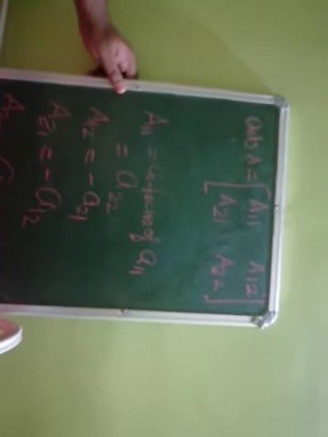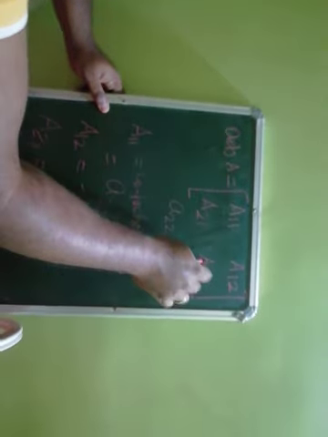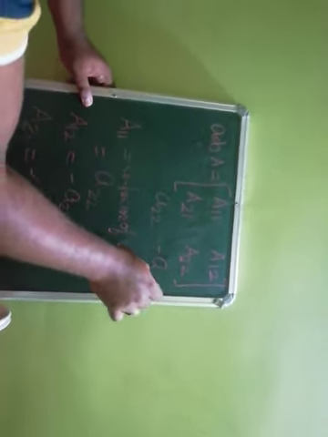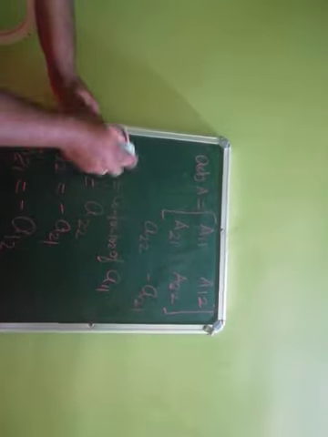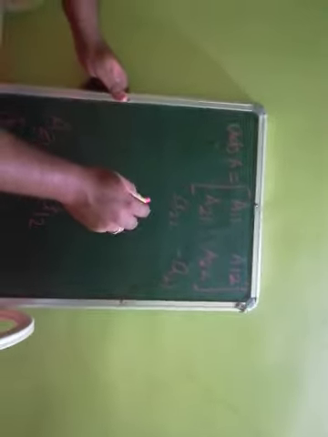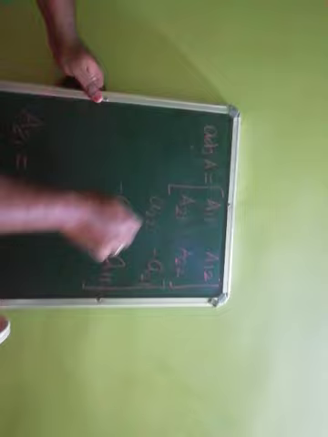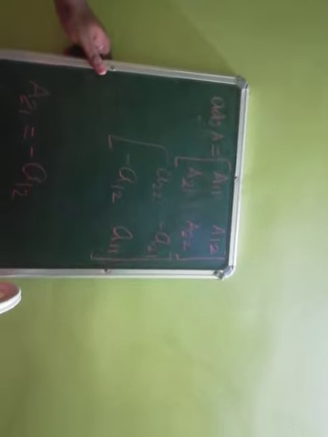So let me write that. This is A11, that is A22. A12 is minus A21. Then A21 is minus A12. This is A11. And we have to write the transpose of that.